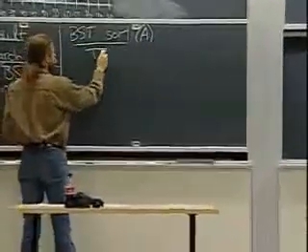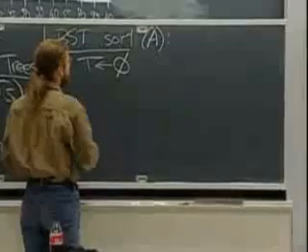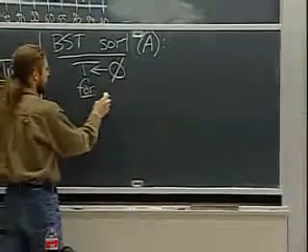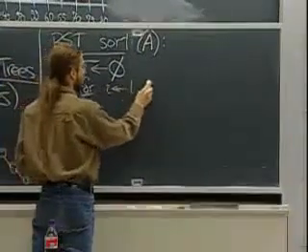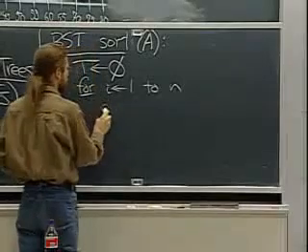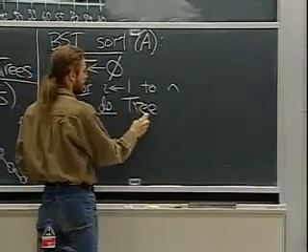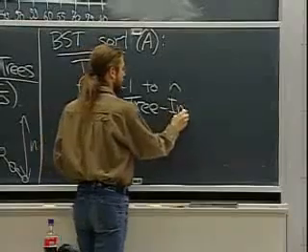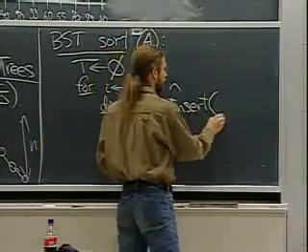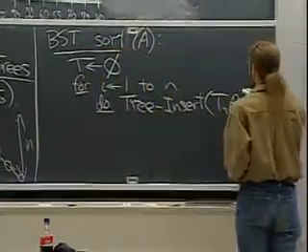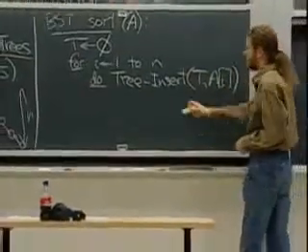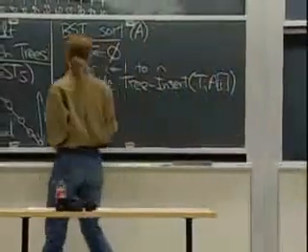So let's say we have some initial tree, which is empty, and then for each element of the array, we insert it into the tree. That's what you meant by building the search tree. So we insert A[i] into the tree. This is the standard binary search tree insertion.